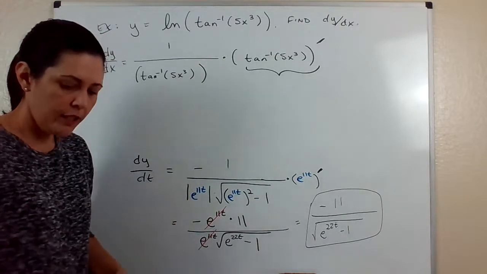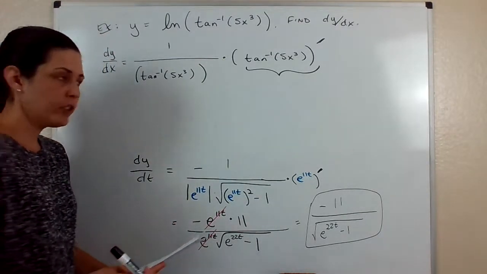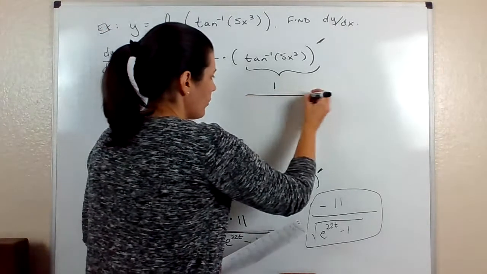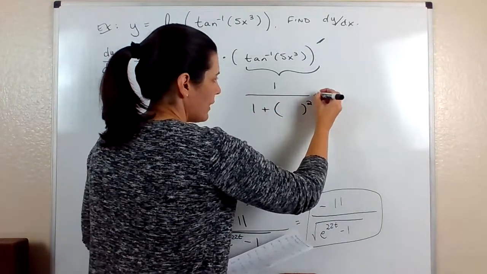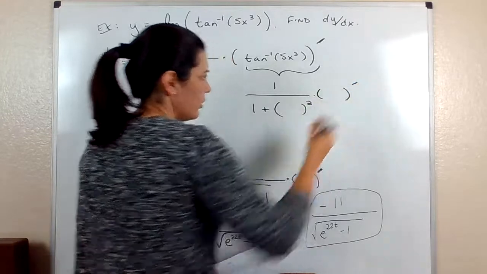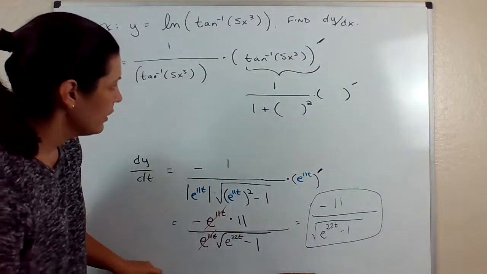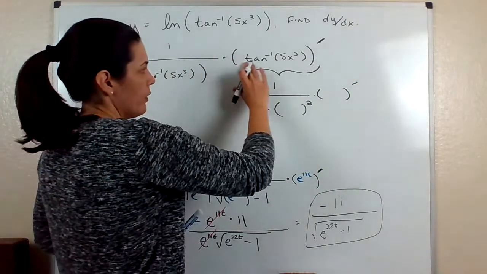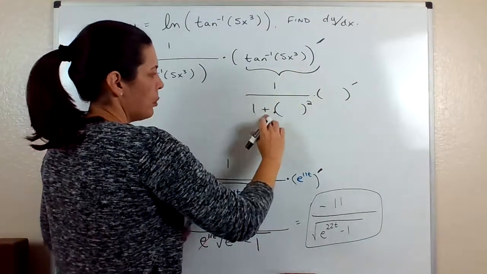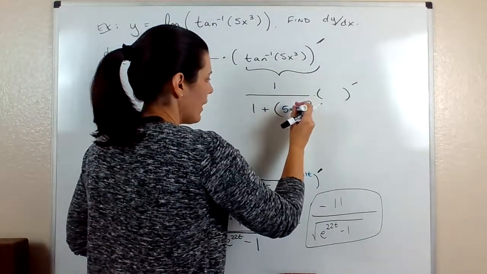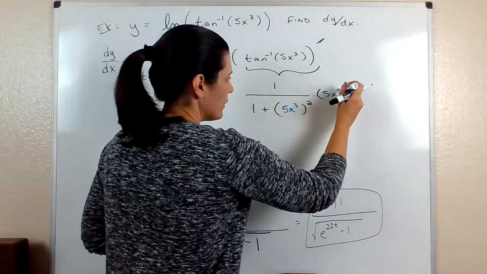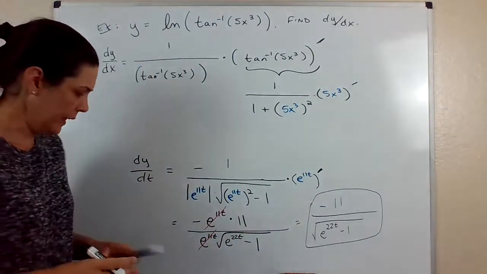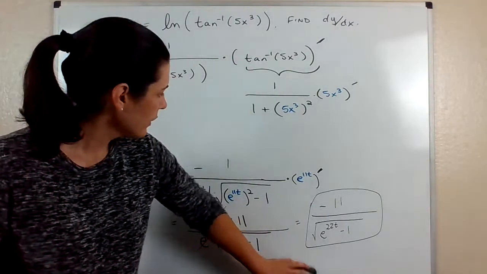You can look at your list and say, oh okay, derivative of tangent inverse was 1 over 1 plus the argument squared, and then if you need it, chain rule, times the derivative of the argument. So in our case, derivative of tangent inverse is 1 over 1 plus 5x cubed squared times the derivative of 5x cubed. Okay, almost there.